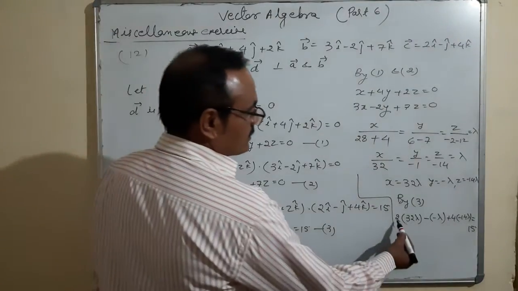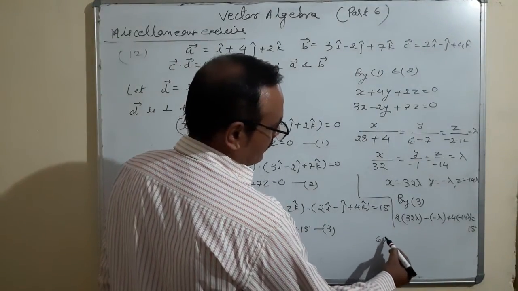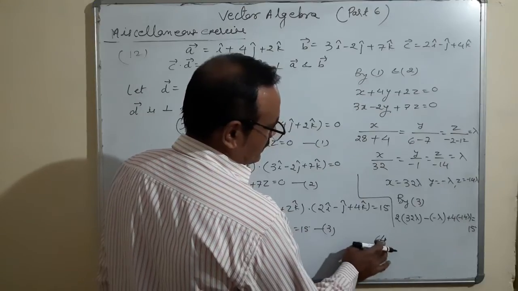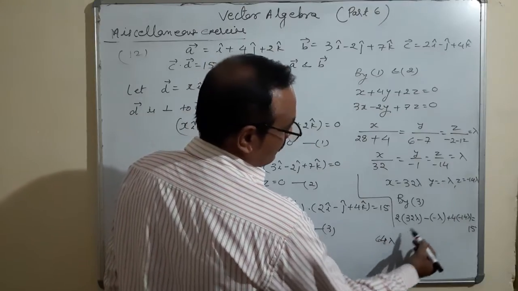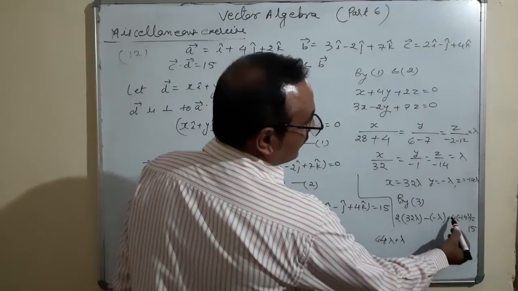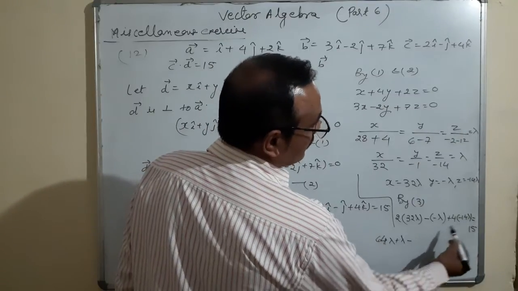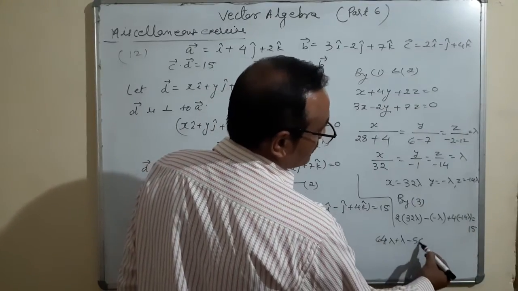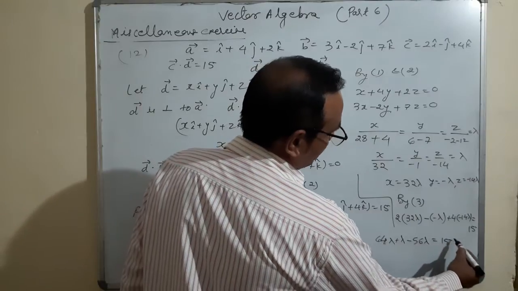So it is 64 lambda plus lambda, and it is minus 14 times 4, 56 lambda, is equal to 15.